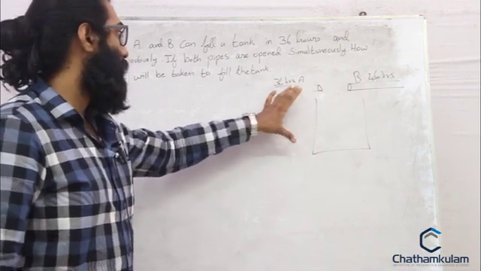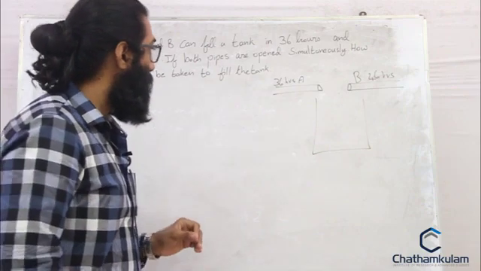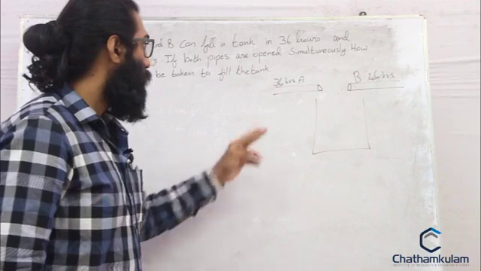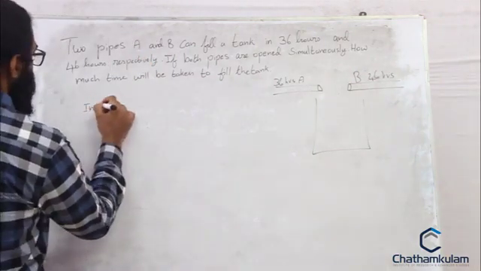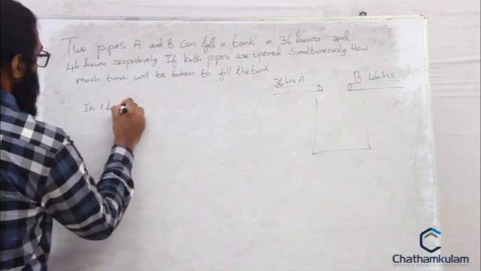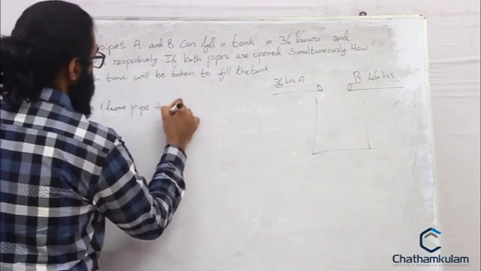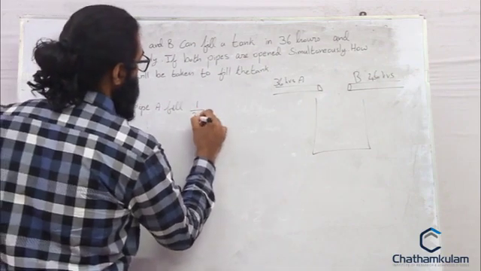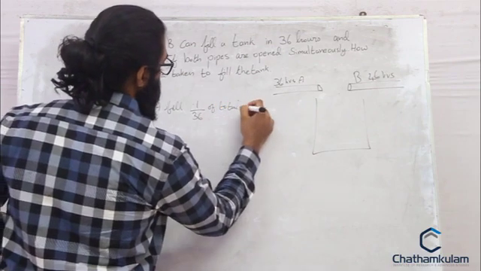So let's say what amount will be filled by pipe A in 1 hour. That is, in 1 hour pipe A can fill 1/36 of total tank capacity.